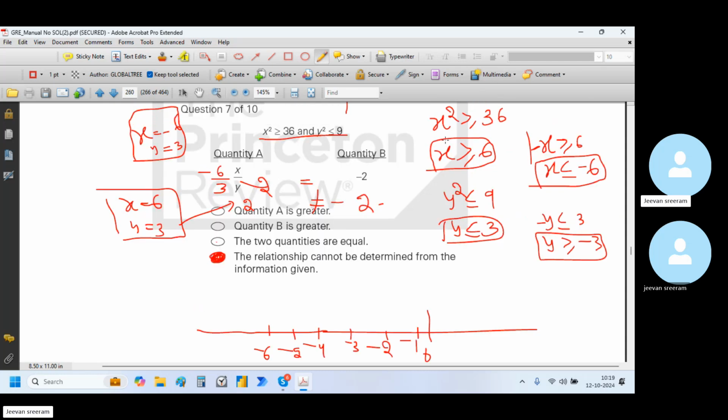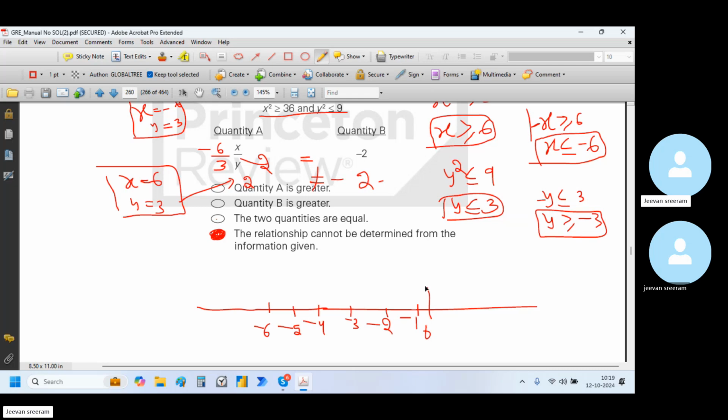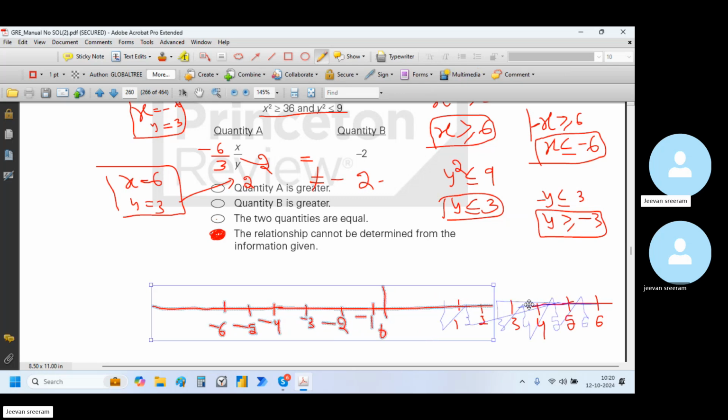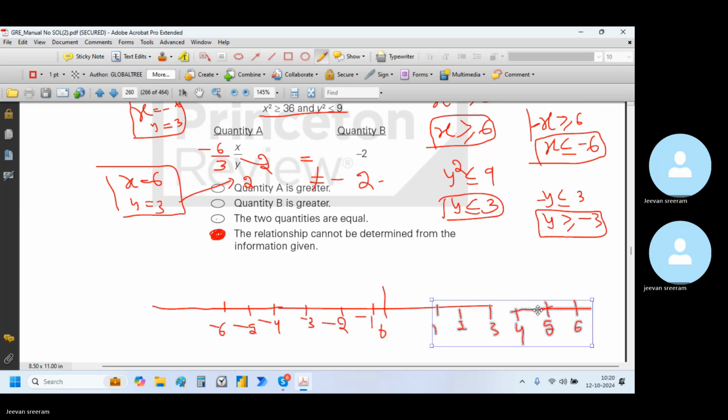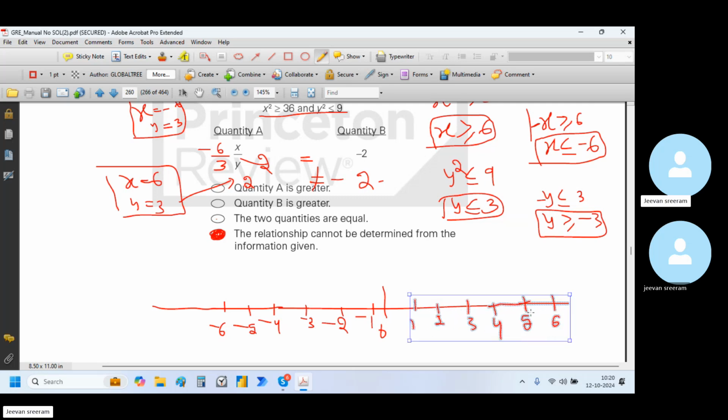Okay, x greater than 6 means all the values including the 6.